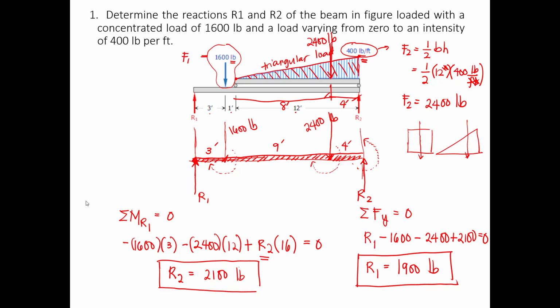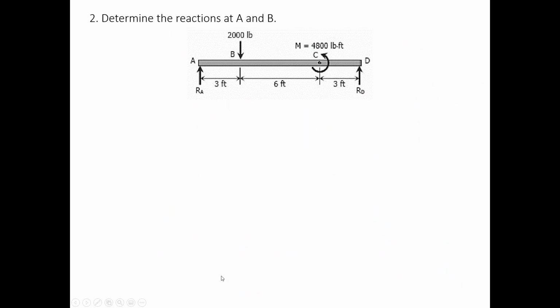Okay, no questions so far. Let's proceed with the second example.